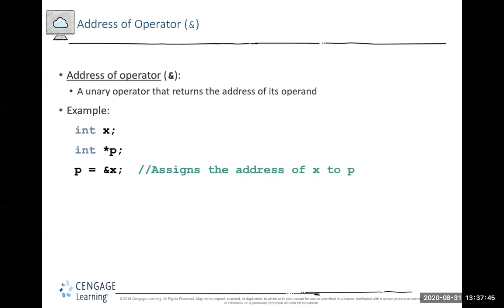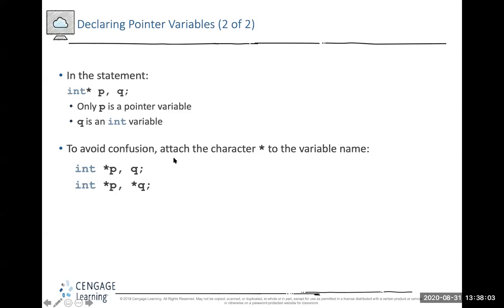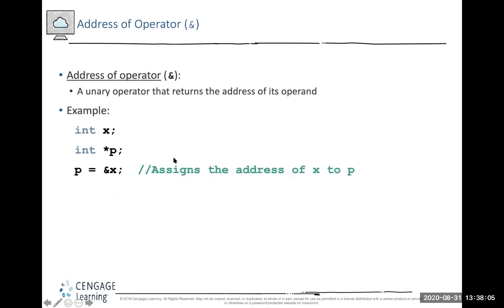And then there's the address-of operator, ampersand. Now, the address-of operator is a way to get the address of a variable, which is what a pointer holds. Here's an example. You have an integer x, and then you declare another integer pointer p, and this p you can initialize with the address of variable x.